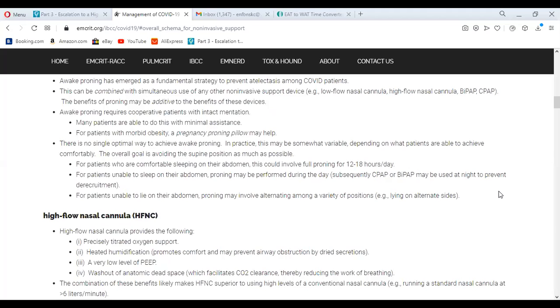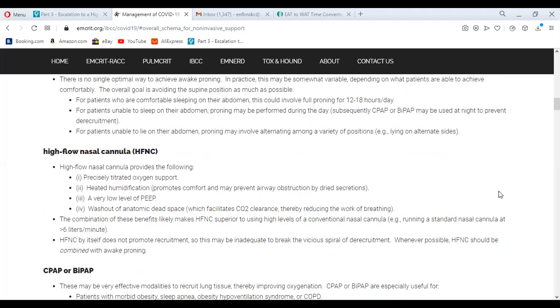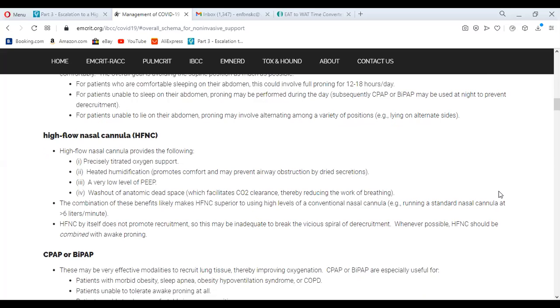So the high flow nasal cannula, the advantage is that it is a precisely titrated oxygen support, and it comes with some form of humidification, and of course, we all know the advantage of inhaling humidified air. And then it also has a low level of PEEP.